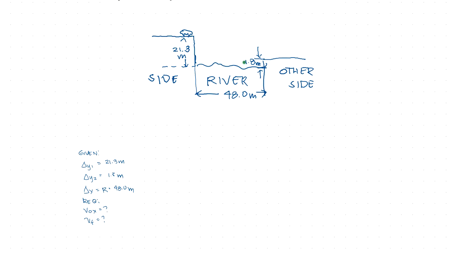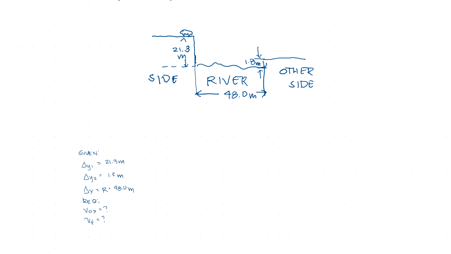Okay, so alam natin yung range, pero hindi natin alam yung time. So, saan natin pwedeng kunin sa x component o sa y component? So, try to think about it. So, we're finding the time.